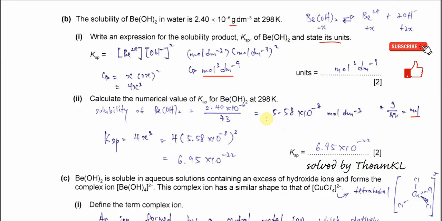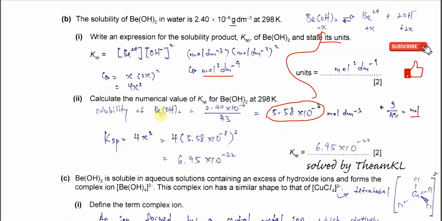Okay, so this one is the solubility of the beryllium hydroxide, which is the X here. So you need to substitute this X value into Ksp, then you can get the Ksp value.